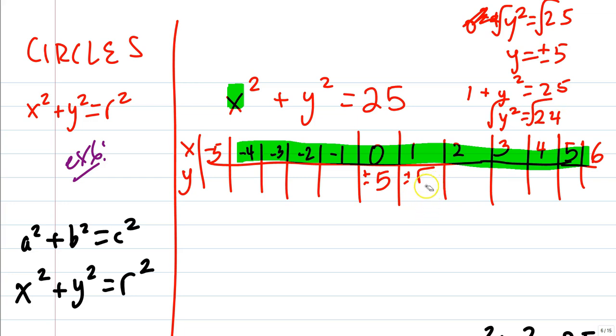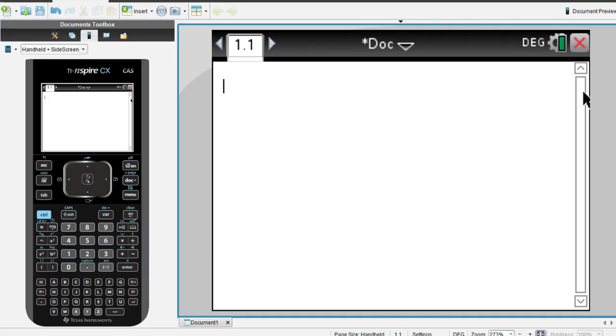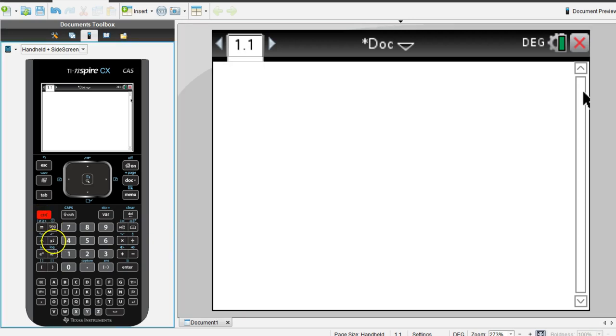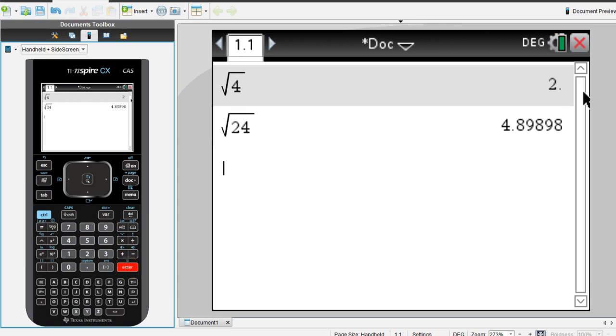Or, if we wanted to clean that up, that would be, I think, 2 root 6. Neither of those is really helpful to graph. So what would we do? Well, let's use the technology: the square root of 24 is about 4.89, so about 4.9.